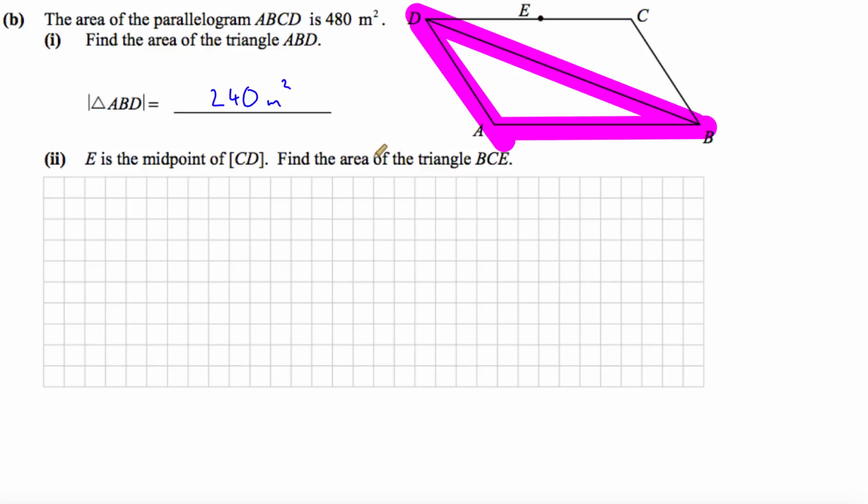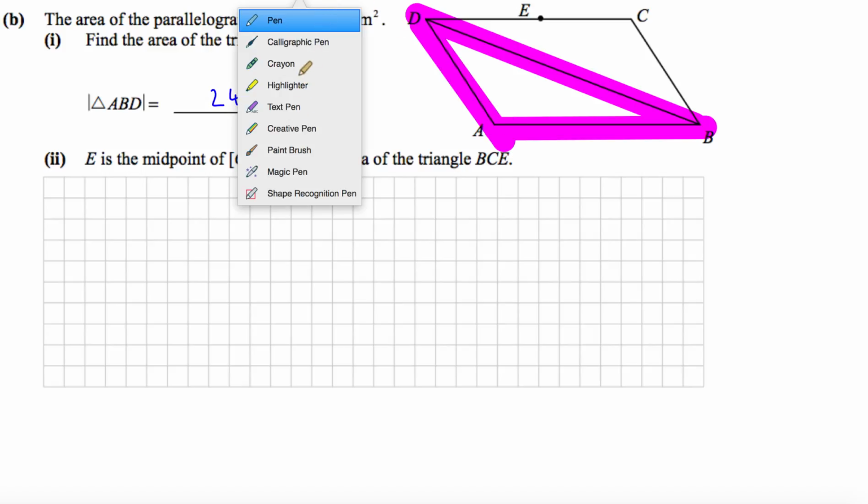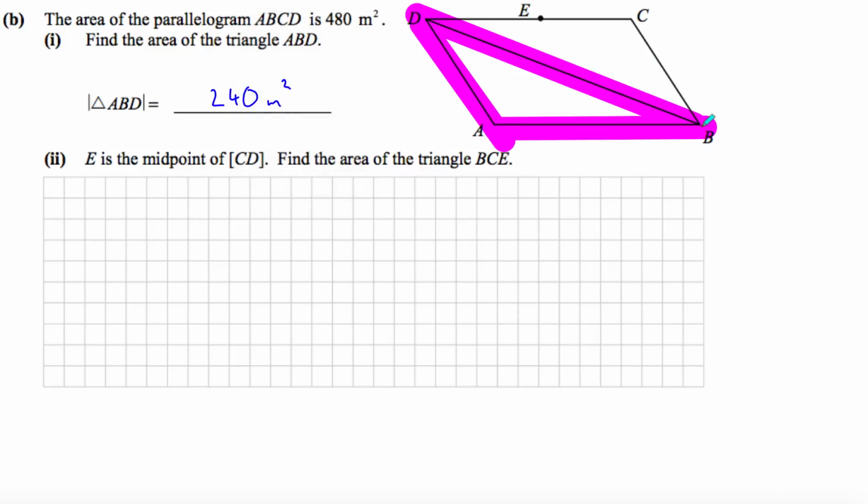Okay, so then it says E is the midpoint of the line segment CD. So here we have E. Find the area of the triangle BCE. So this time we're looking for the area of the triangle BCE. So that's from B to C to E and then back again. So this blue triangle here.